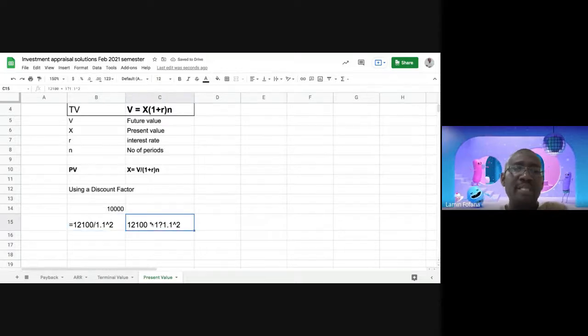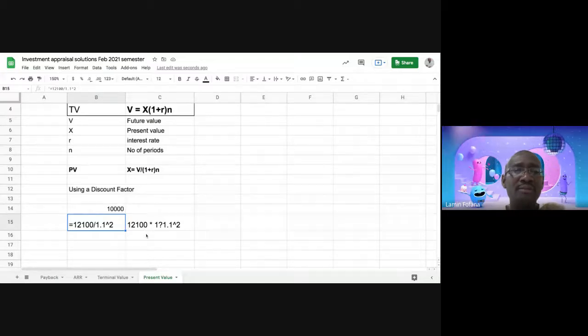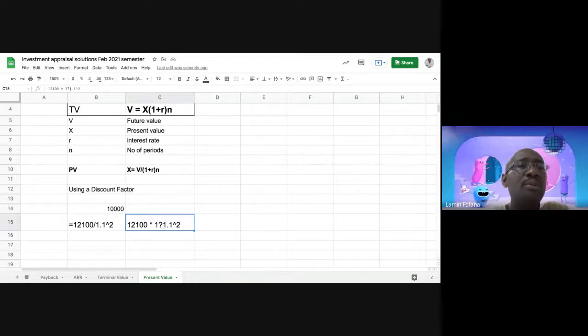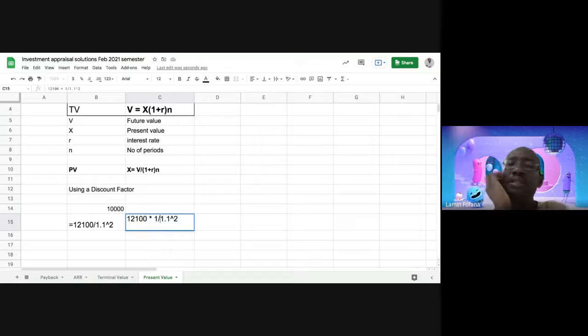This and this, mathematically, are they not the same? 12,100 divided by 1.1 raised to power 2 is the same as 12,100 multiplied by 1 divided by 1.1 raised to power 2. Put it in your calculator and see whether it's not going to give you the same answer.